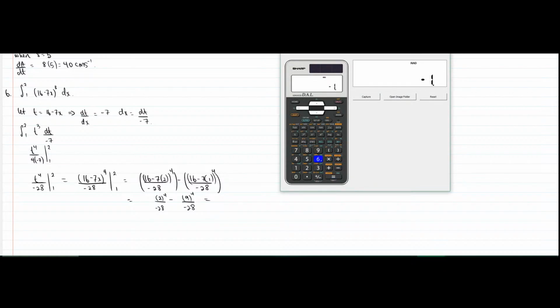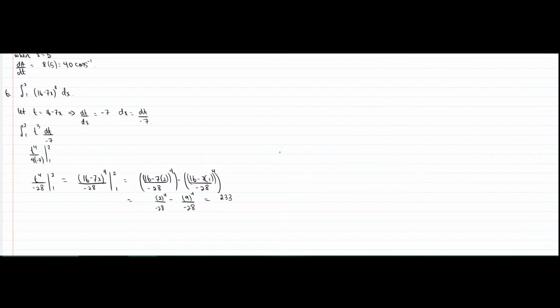So we have negative 16 on 28 minus 4 on 7. Take away, well, this becomes plus now. 9 to the power 4 over 28. That gives 233 and 3/4. Right? Be careful.